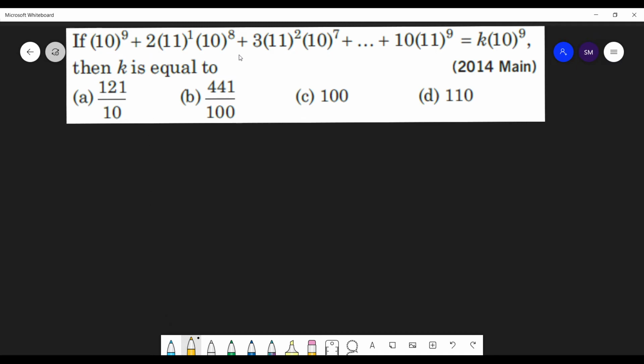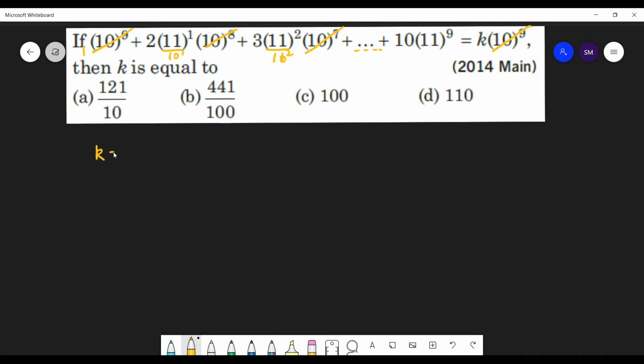Here what do you see? This is 10 raised to power 9, and here also you have 10 raised to the power 9, and 10 raised to power 8, and 10 raised to power 7. So what can you do? Divide both sides by 10 raised to power 9. Here you will get 1, and here you will get this divided by 10, this also divided by 10 raised to power 2. Similar terms you will be getting. Agreed? So start the question like this.